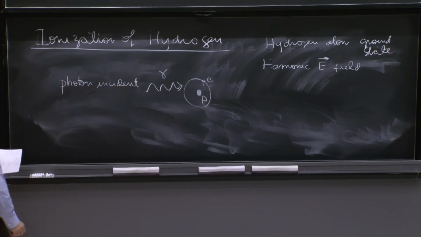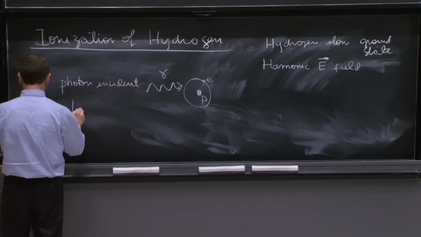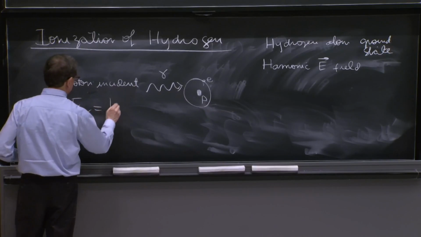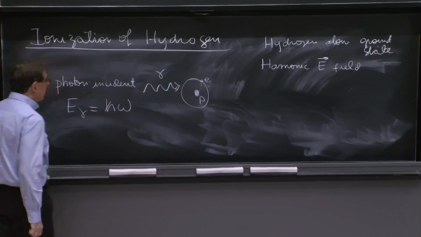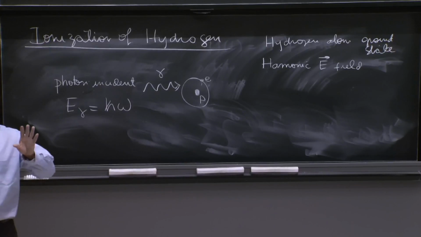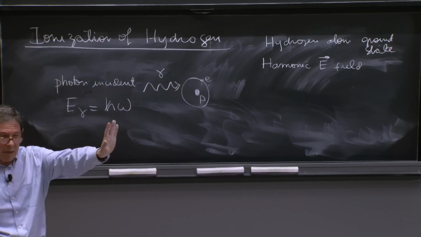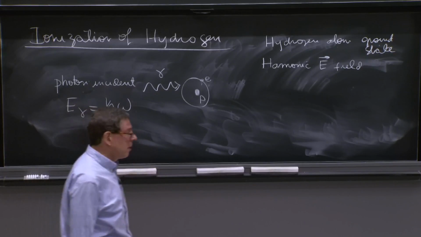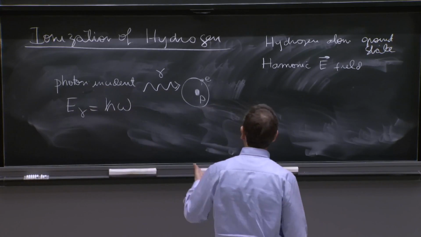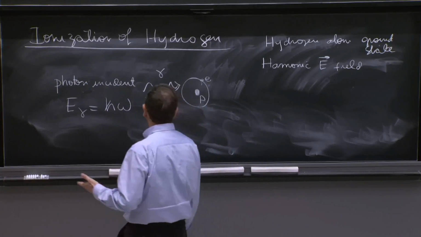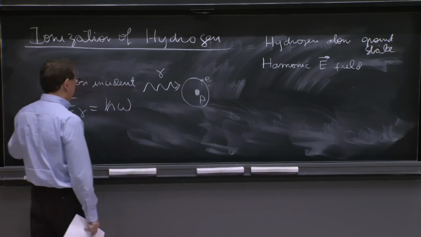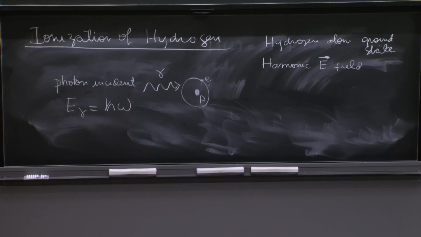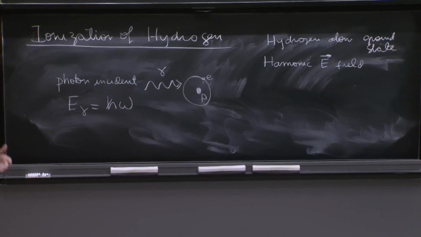So the photon has energy. E of the photon is h bar omega. So when we think of putting a light beam, and we're going to send many photons, we have to think of each photon, what it's doing, whether the energy is very big, the energy is very small, and how it affects our approximation.